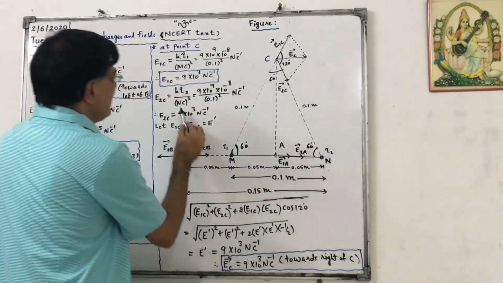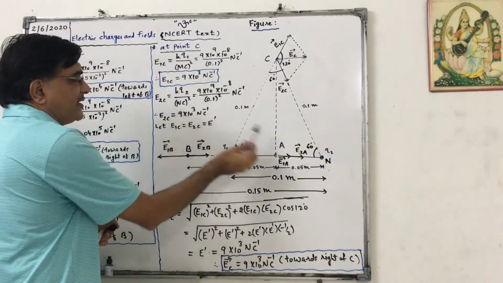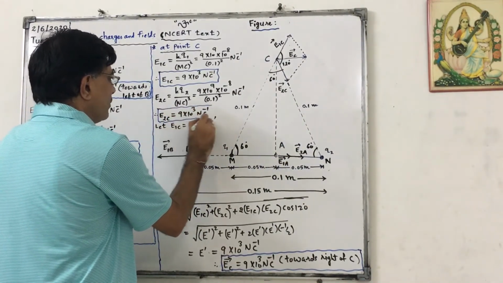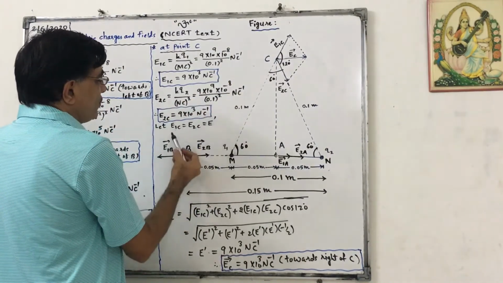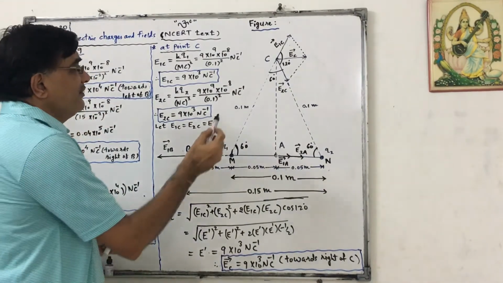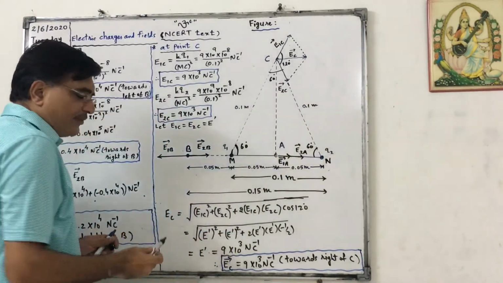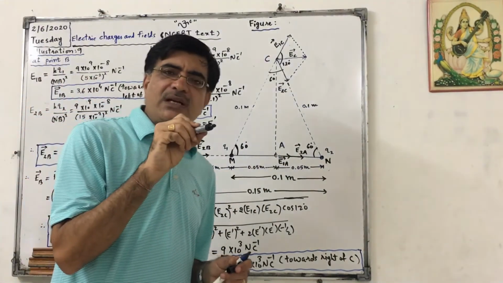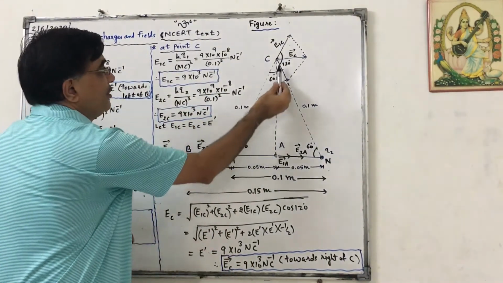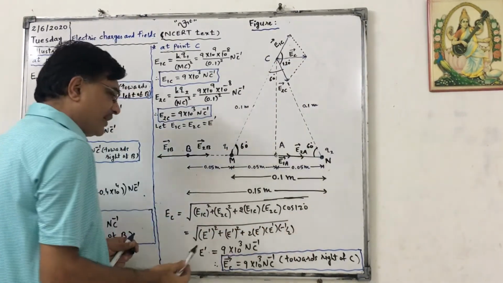Now E2C, KQ2 upon NC square. It will have the same value because K is 9 into 10 raised to 9, the magnitude of Q2 is also 10 raised to minus 8, NC square equals 0.1 whole square. So it is again 9 into 10 raised to 3 Newton per Coulomb. So both have the same magnitude. So we can say E1C equals E2C equals E dash. Now what will be the angle between these two? It will be 120 because this is 60. And in that case, we know that R equals square root of A square plus B square plus 2AB cos theta. So I can write E at C equals square root of E1C square plus E2C square plus 2 E1C E2C cos 120.